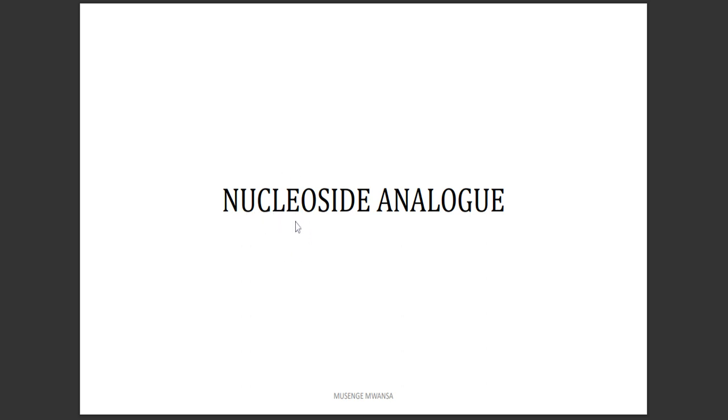Because this is a nucleoside analog, we are able to use these in forming medicines. Because they resemble the nucleotides, this HIV is supposed to be attacking the DNA of the host. Now, DNA is made from nucleotides, meaning a nucleoside plus a phosphate group. That is now going to make what we call the nucleotide.